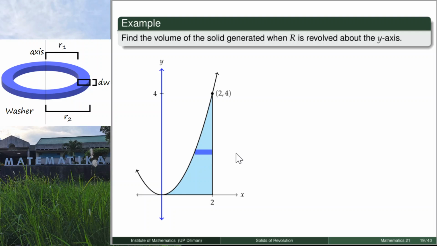So this is horizontal, so it's y. So we use y, and this is interval from y equals 0 until y equals 4. So let's write that directly. And now, what are the outer and inner radius? So we have pi. Outer radius is distance from axis going to the farther end. But this is now horizontal distance.